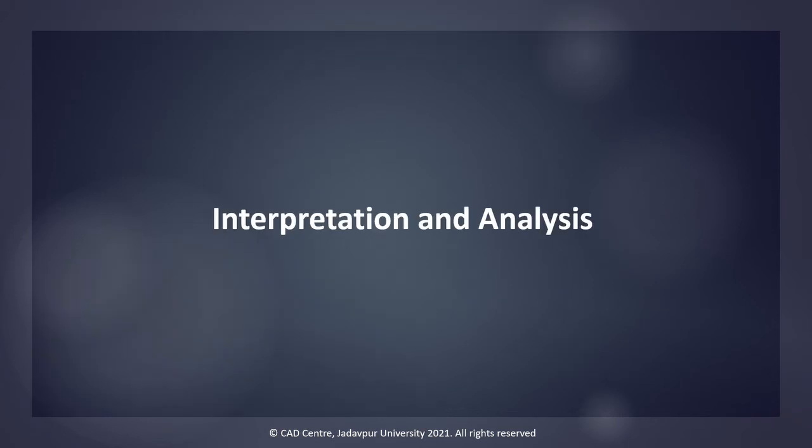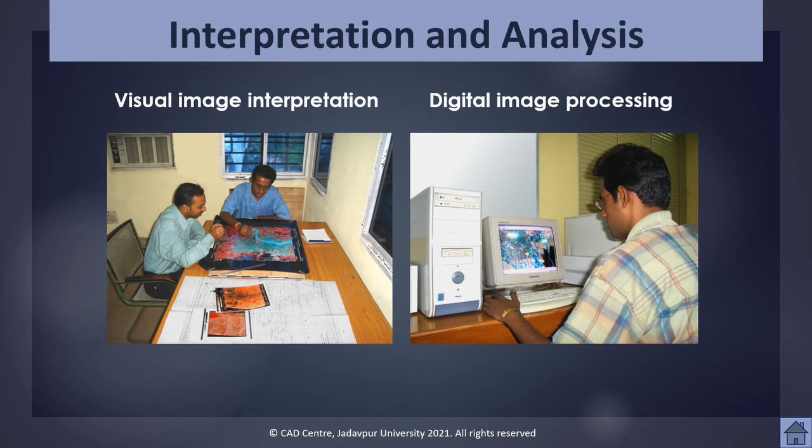Then finally, interpretation and analysis. Data alone cannot be used for decision making. It must be interpreted or analyzed before one can extract information. The analysis of remotely sensed data is performed using a variety of image interpretation and processing techniques, which fall into two broad categories: visual image interpretation and digital image processing.